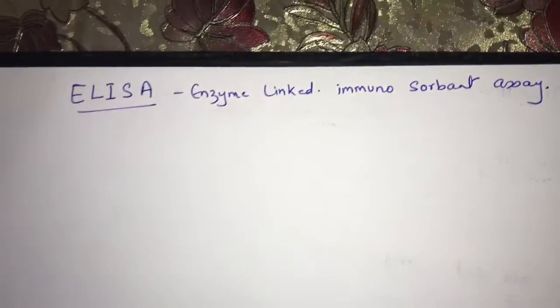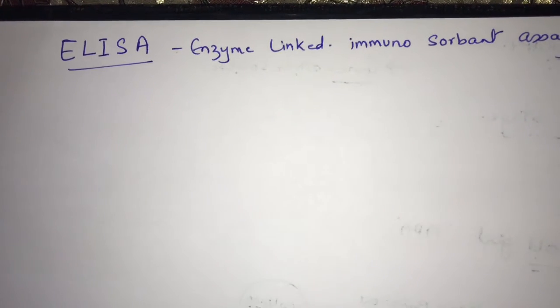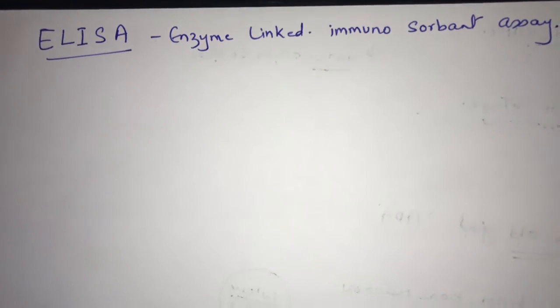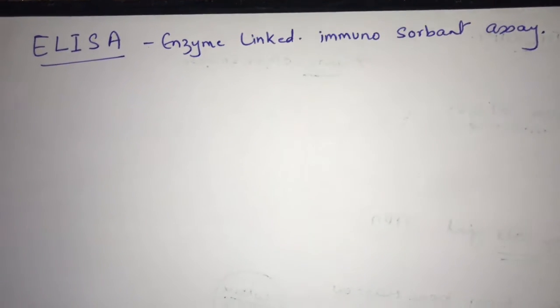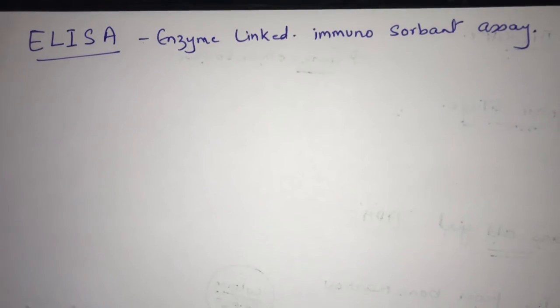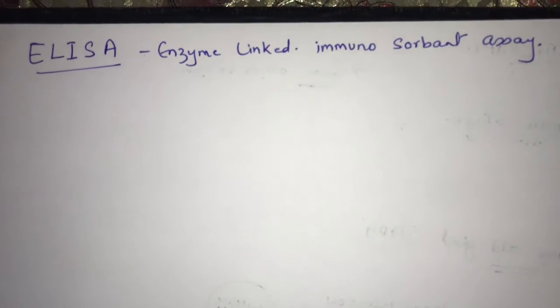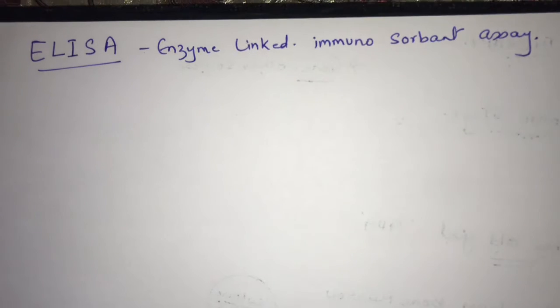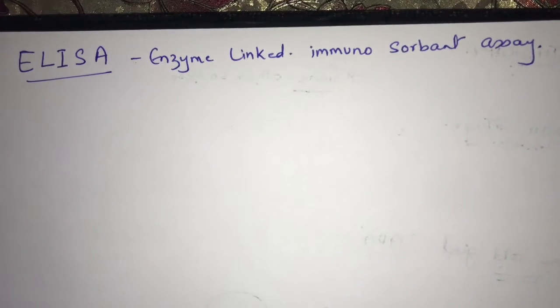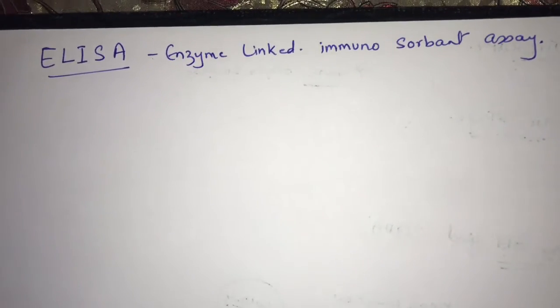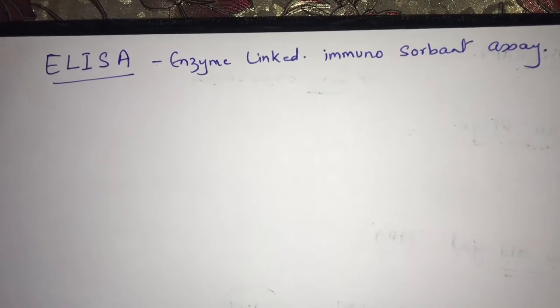Now what is ELISA? It is a molecular diagnosis technique, that means diagnosis of a gene at the molecular level. Molecular level means at the DNA level. So it is a molecular diagnosis technique for early diagnosis of infection or diseases, which is based on antigen antibody interaction. How is it detected?